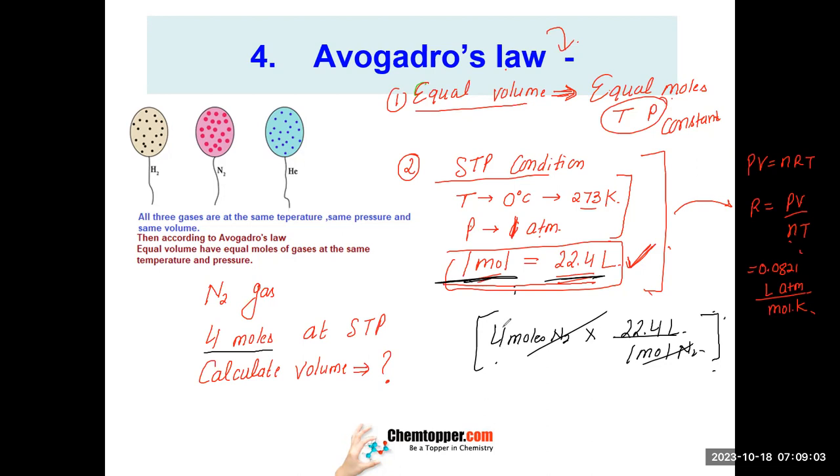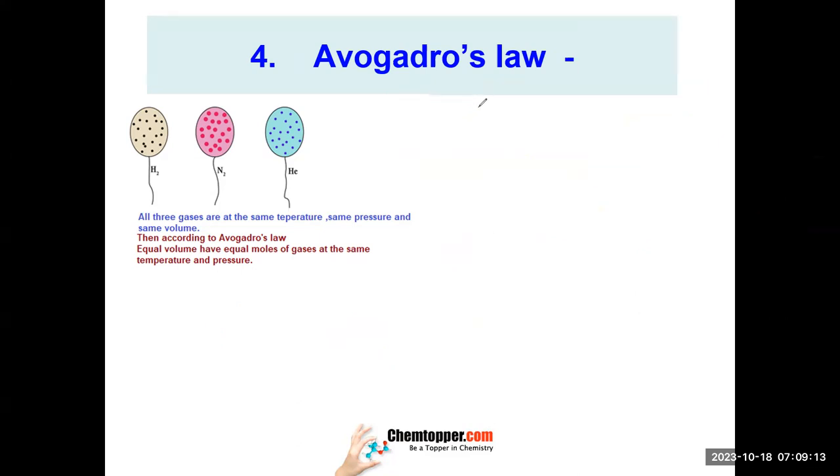Okay. Ready, children? We are good for the next question. There is CO2 gas and the volume is 44.8 liters. Can you get the mass of CO2? These are very fun questions.